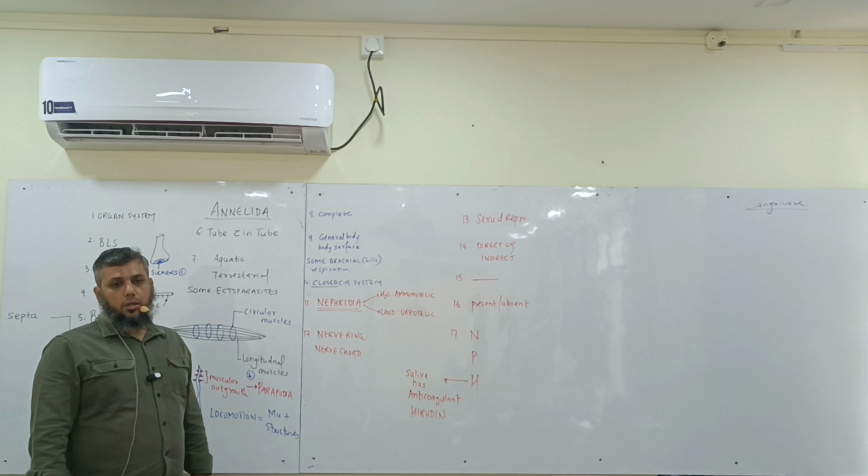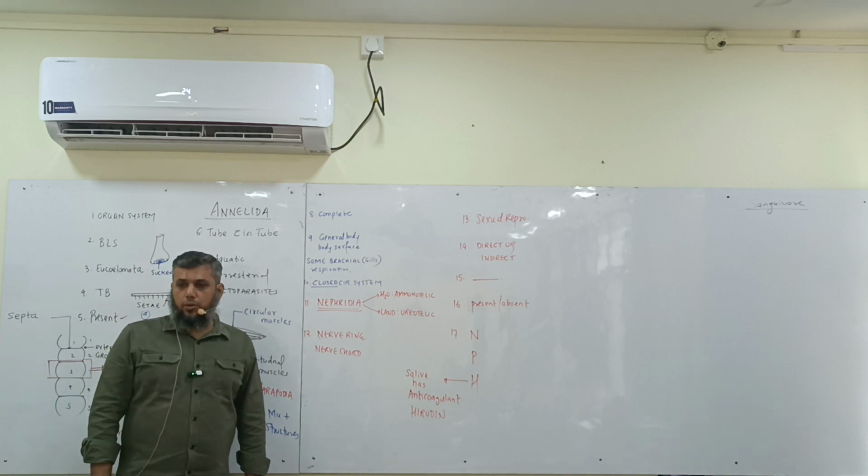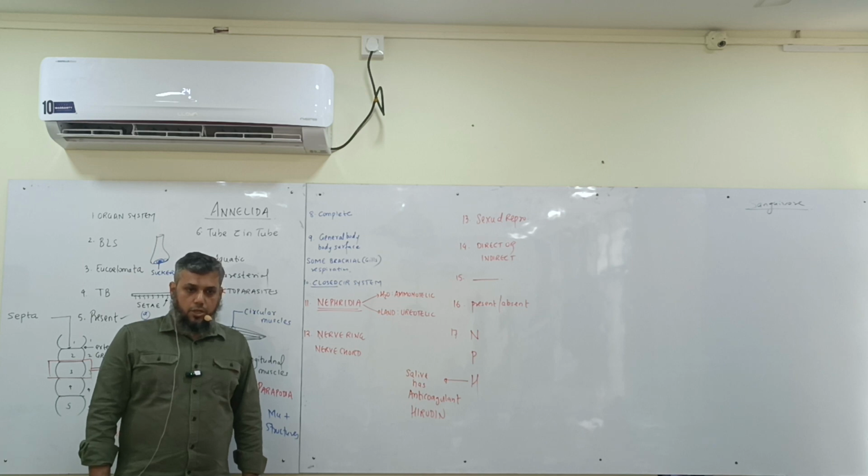What do you call it? Hirudin. What's a powerful anticoagulant called? You remember anticoagulant? I've told you this in connective tissues. Mast cells produce an anticoagulant. What's the name of that anticoagulant?